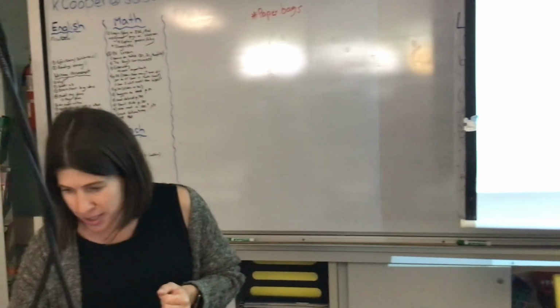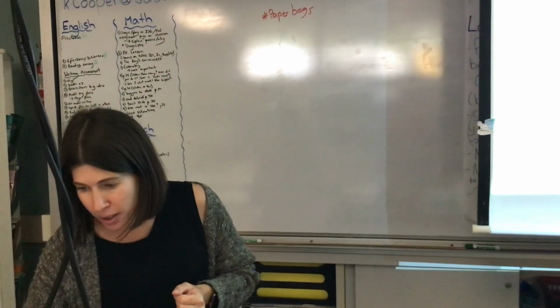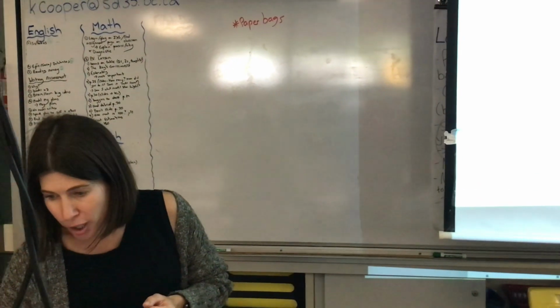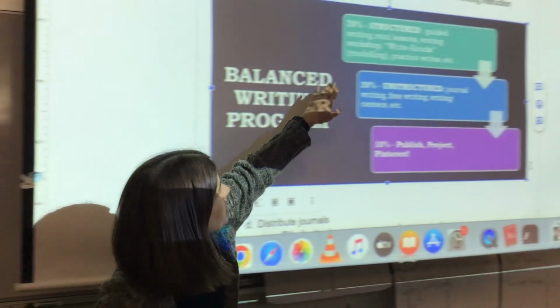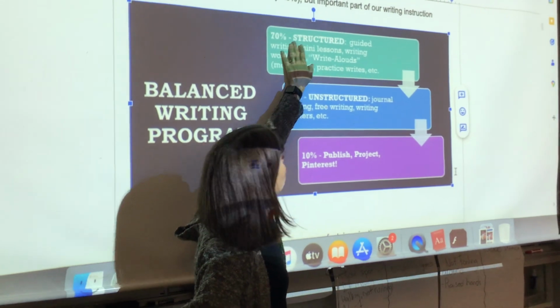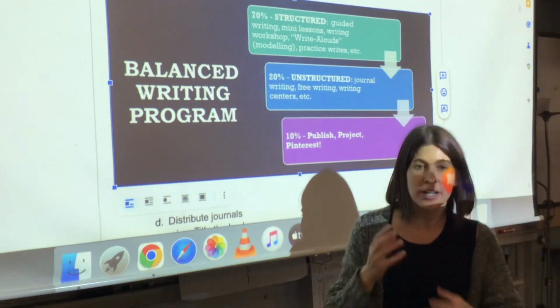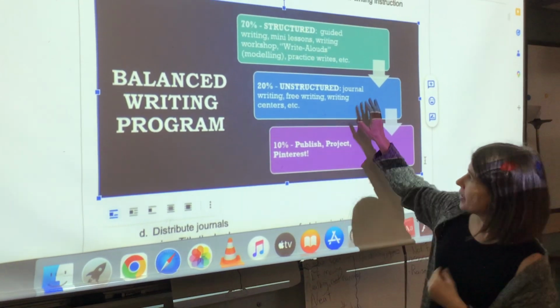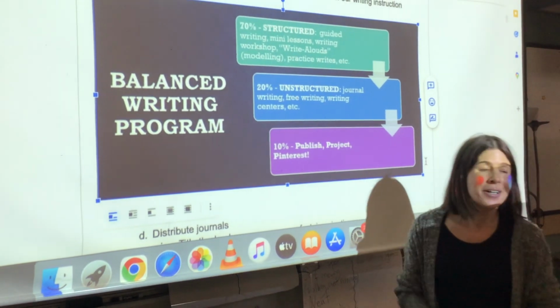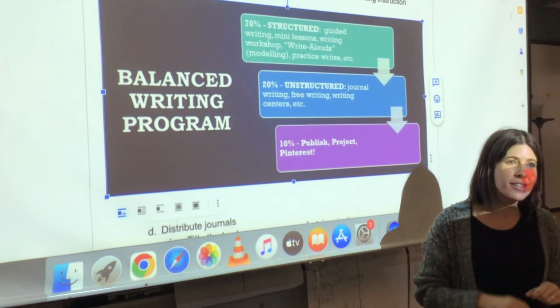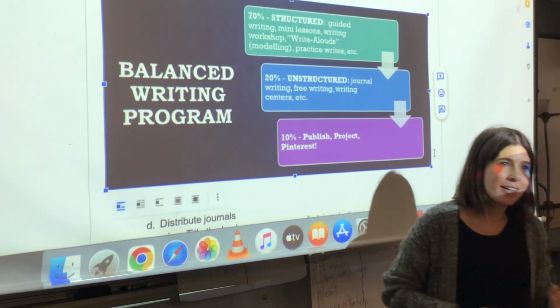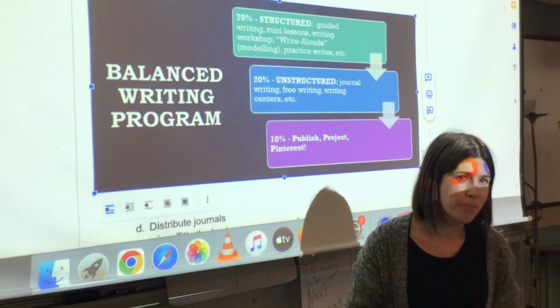She also suggests, and it's worked well for me, this structure of, we should be doing 70% structured writing. So I think of that as, I've set them up nicely, and there's a way we go about the writing. 20% unstructured. So the suggestion is, if you let kids just write freely too much, they might just reinforce some bad habits.